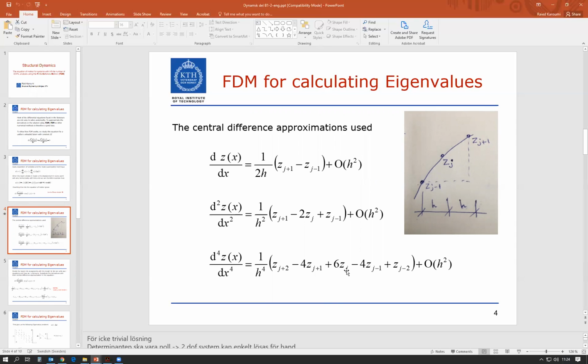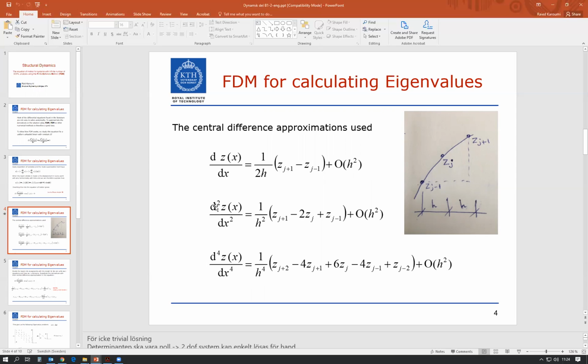If J is the point where you have the boundary, for example, of the beam, where you have the simply supported, in this case, if you're approximating this, you will get points outside and points on both sides of J. So if J is the last point on the beam, you will get J plus 2, which is outside of the beam, and J plus 1, which is outside of the beam. Okay?